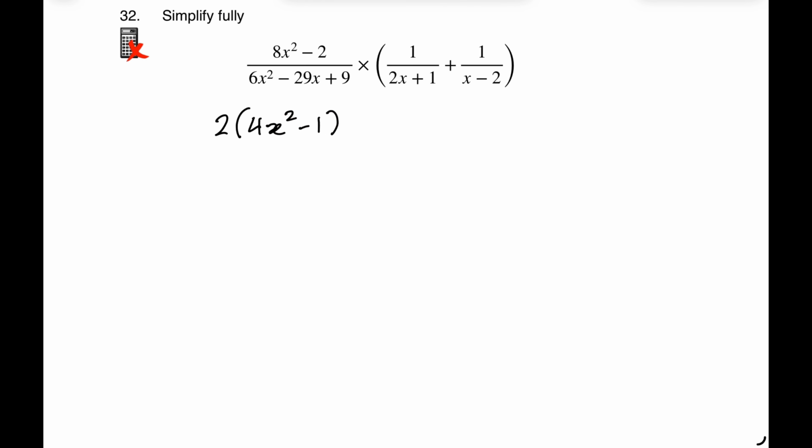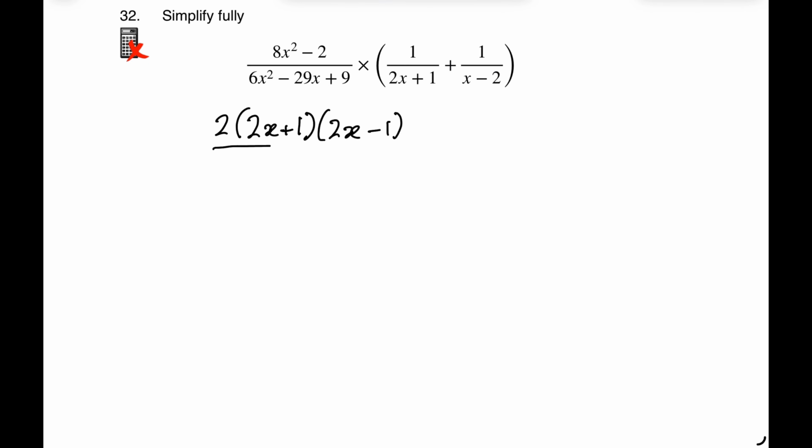I can write that as 2x plus 1, 2x minus 1. Because 2x times 2x is 4x squared, minus 2x add 2x will give me 0, and 1 times negative 1 will give me negative 1.